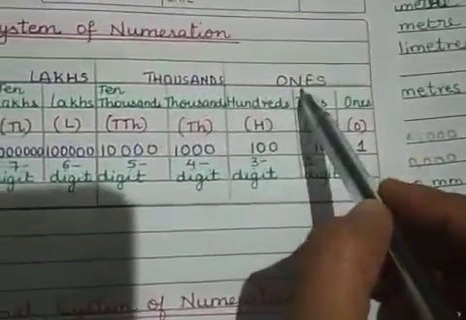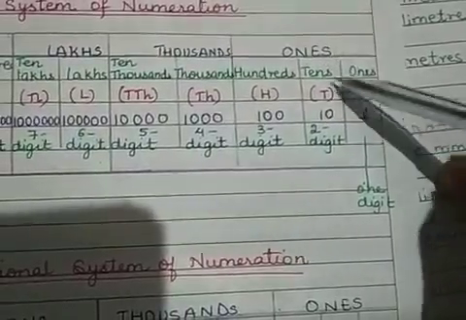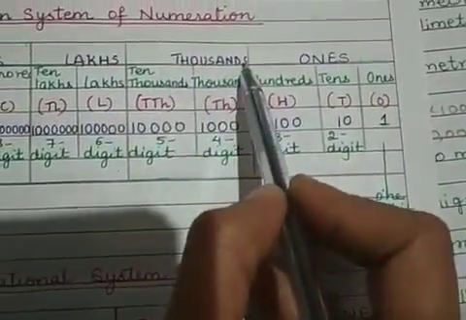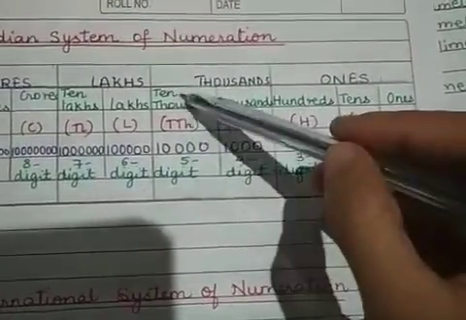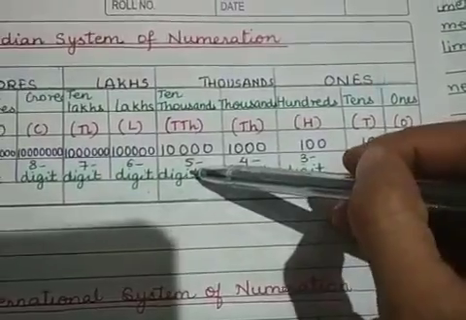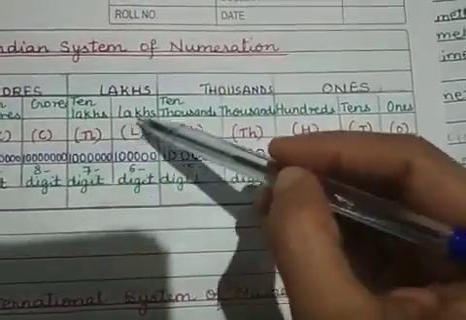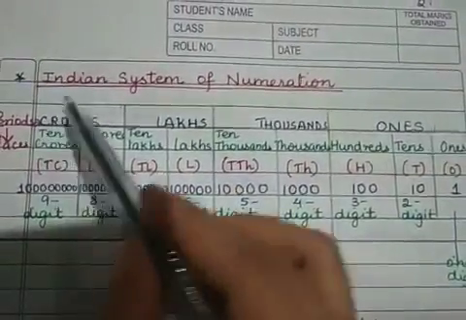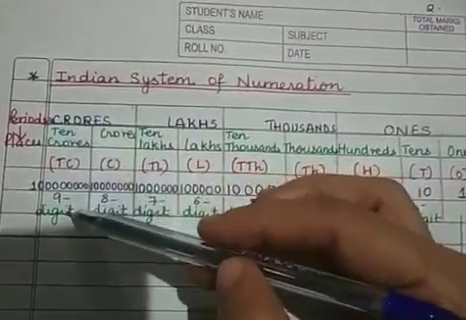In the ones period, you have 3 places: ones, tens and hundreds. In the thousands period, you have 2 places, which are thousands and 10,000s. In the lakhs period also you have 2 places, lakhs and 10 lakhs. And in the crores period also you have 2 places, crores and 10 crores.